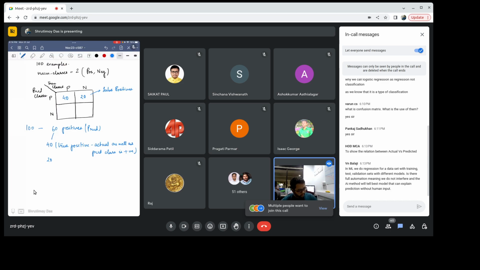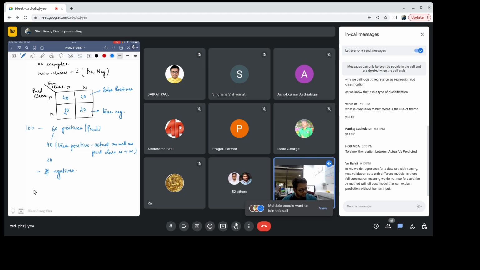Suppose 30 are predicted as negatives, of which say 20 are true negatives and the remaining 10 are false negatives. Sorry, the remaining 20 are false negatives. They are predicted as negatives, but they are actually positives.